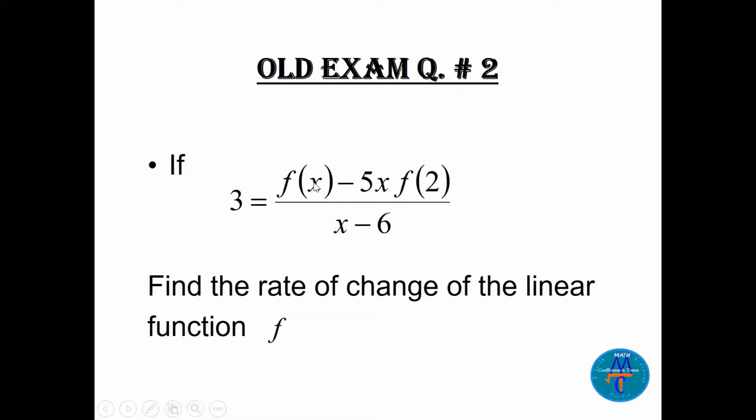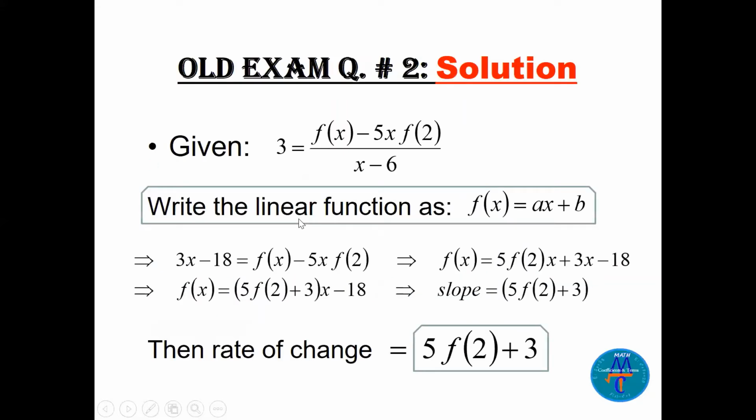f of x is the function itself. So what we have here, we have to write the function as f of x equals ax plus b. And now the rate of change is the slope, which is the a, after you rearrange it.